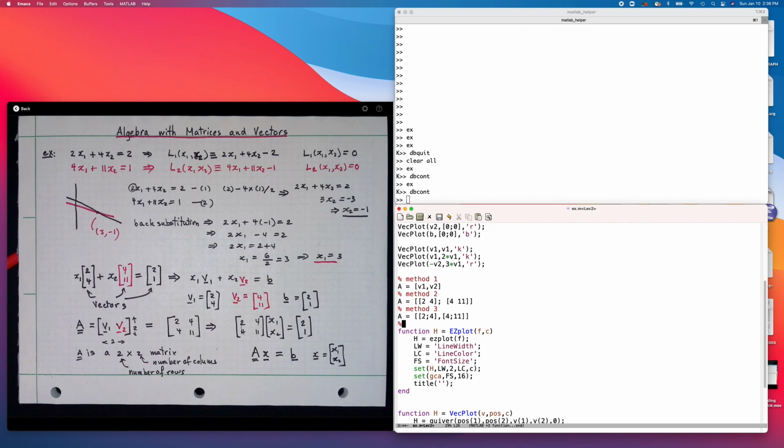We can also just assign entries, method 4, which is kind of tedious, but we can do the following. A is equal to zeros 2 by 2, and then we say A of 1, 1 is equal to 2, A of 1, 2 is equal to 4, A of 2, 1 is equal to 4, and A of 2, 2 is equal to 11.